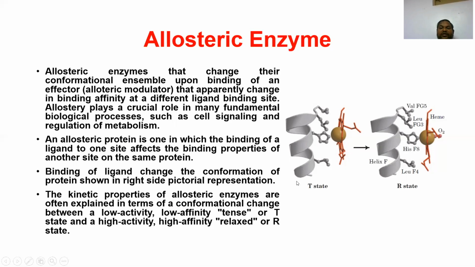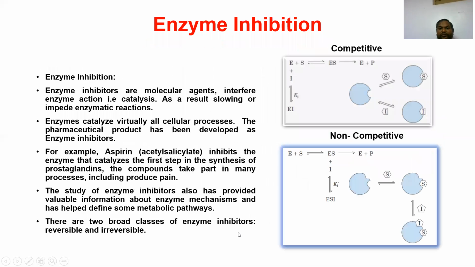T state is called the tense state and R state is the relaxed state. It is a conformational change: the low activity or low affinity state is called the tense state, and the high activity or high affinity state is called the relaxed state.